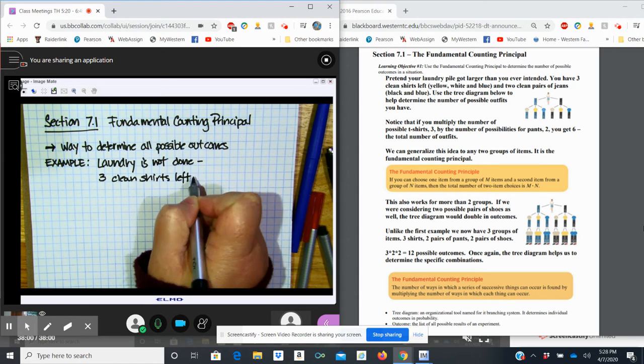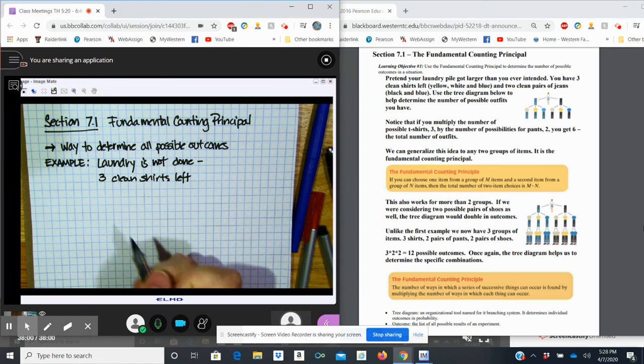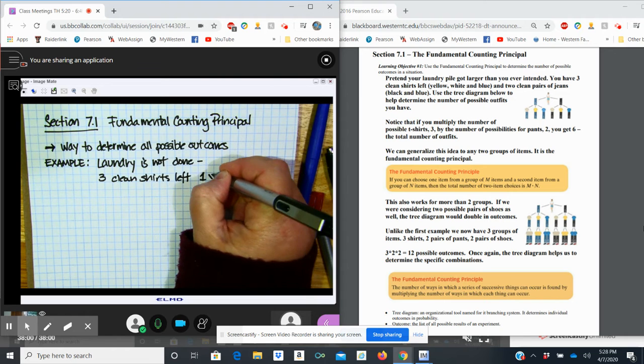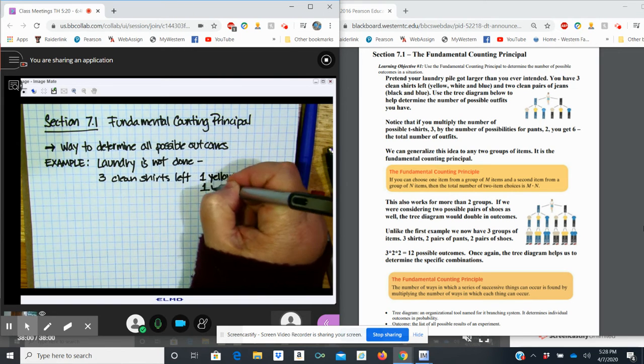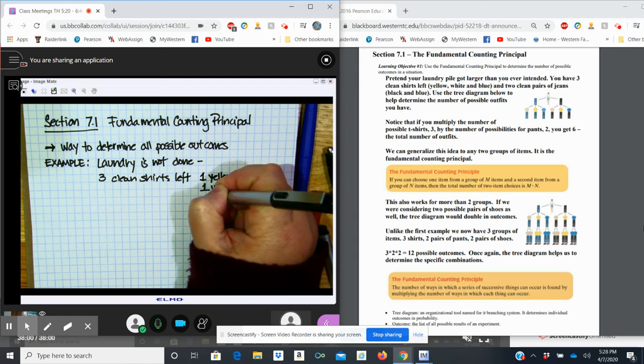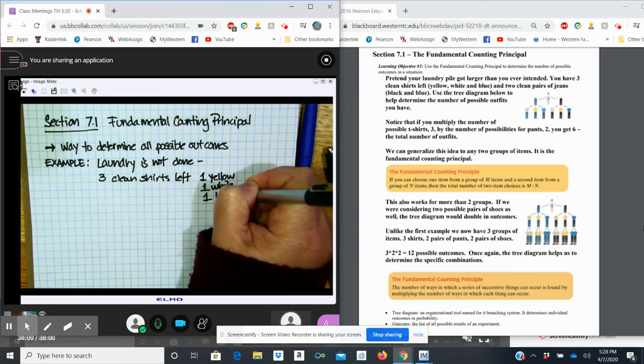Those clean shirts consist of 1 yellow shirt, 1 white shirt, and 1 blue shirt.